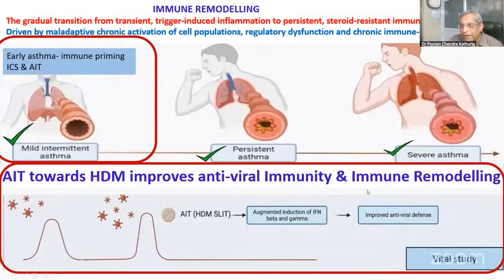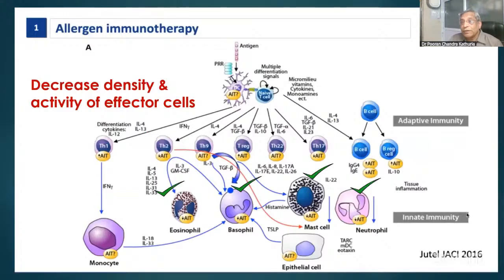So friends, we have certain standardized products available in India. Dust mite has been found in certain studies to also act as an antiviral and to decrease remodeling. Why do we give allergen immunotherapy for 3 years?